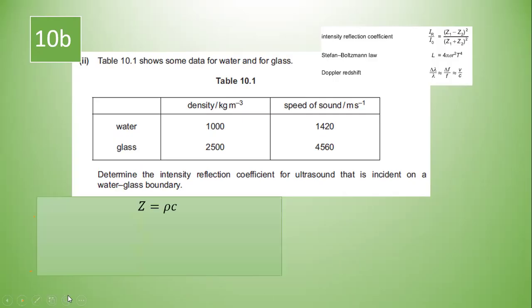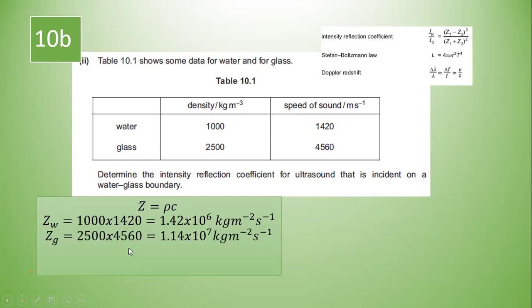That is rho times c. For water, rho is 1,000 and speed is 1420. And for glass, 2,500.